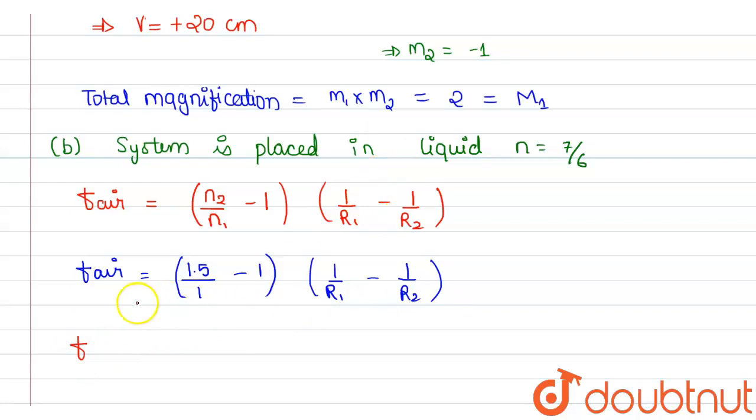But first we have to write f for the liquid, because we have changed the medium. So our n1 will change to 7 by 6.